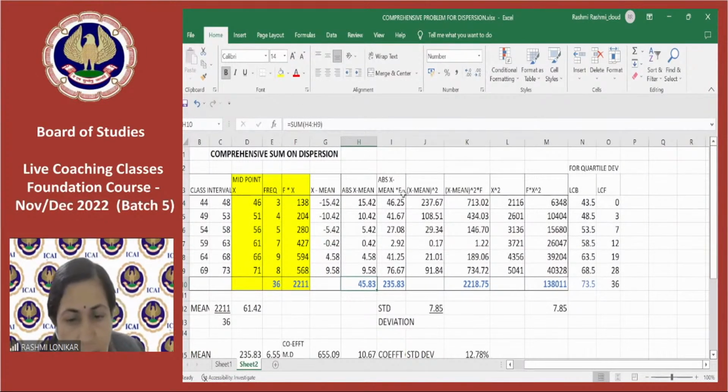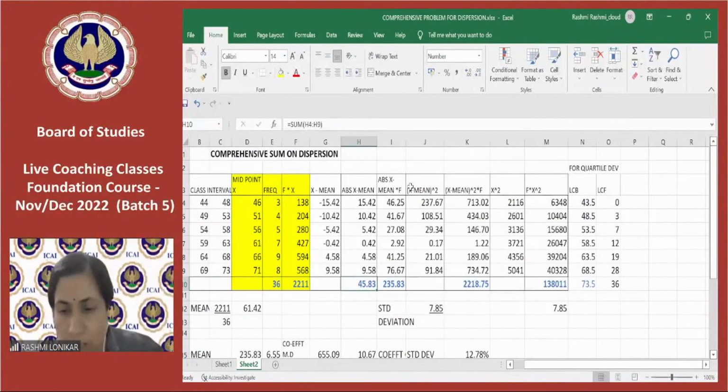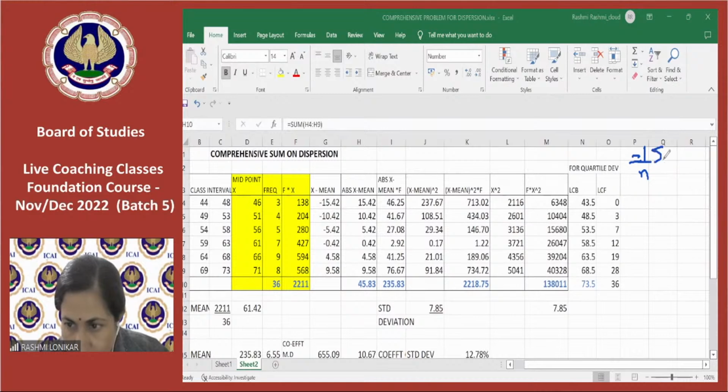Then I multiply it by f. Remember the formula for grouped data: mean deviation is equal to 1 upon n summation of the absolute value of x minus x bar into frequency. So this frequency is important. I found the absolute value of x minus x bar, multiplied it by frequency, and got a total of 235.82.